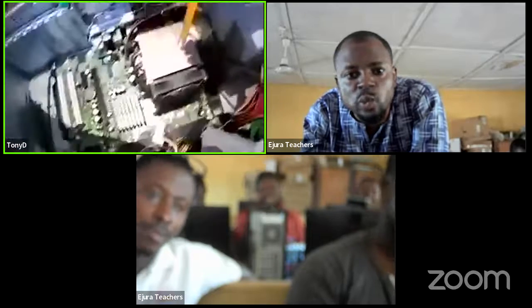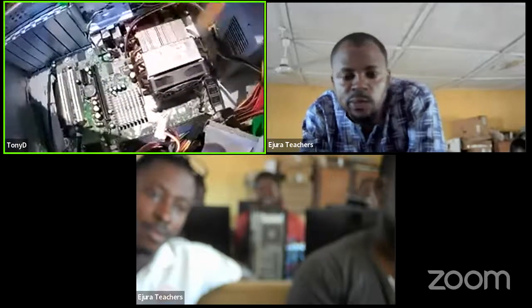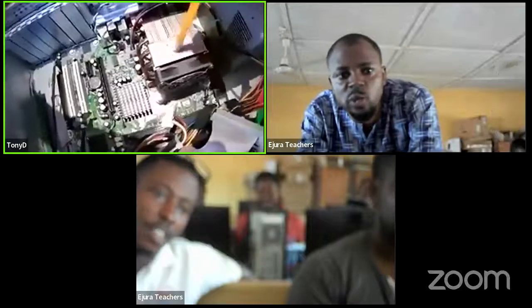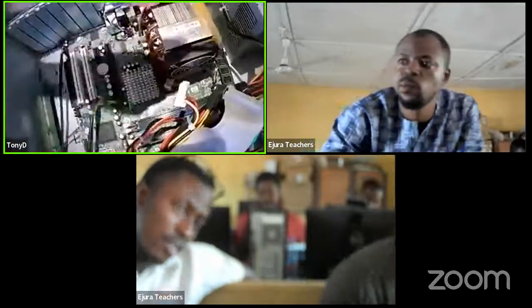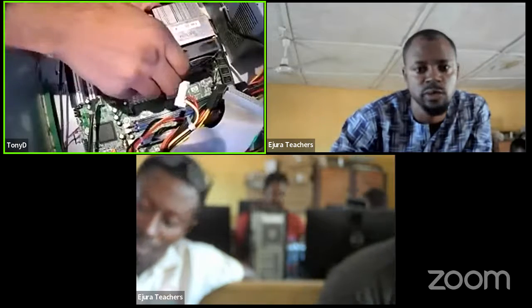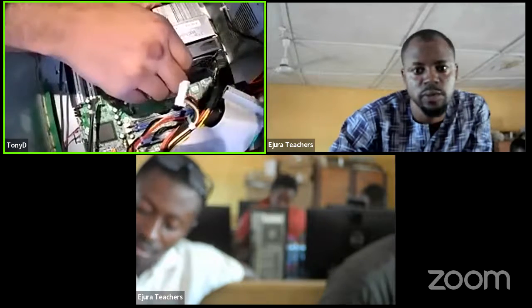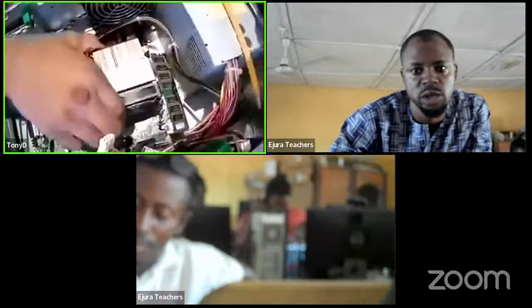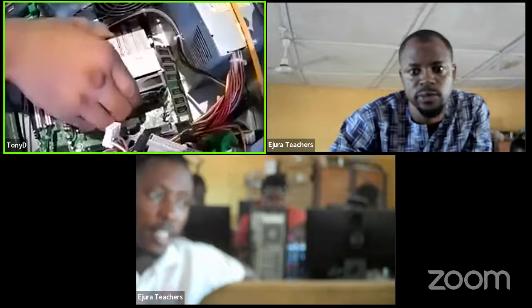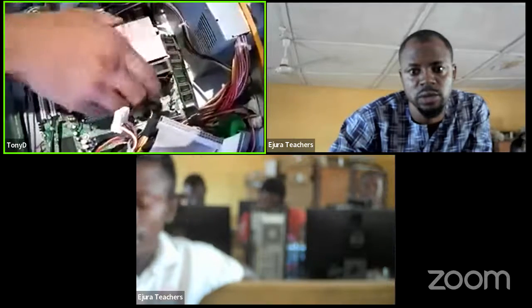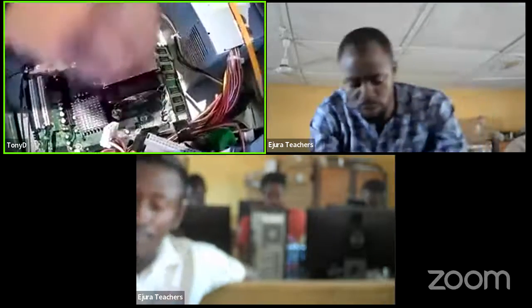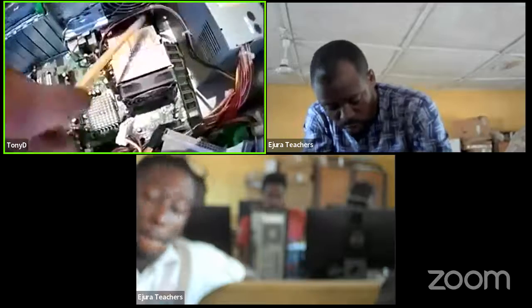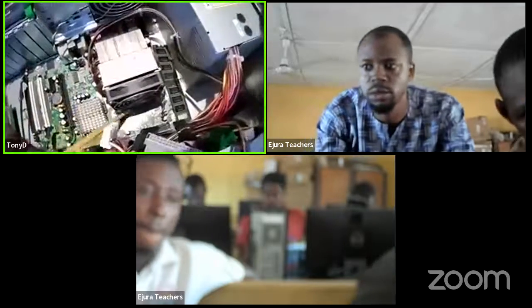This whole big thing is called the heat sink. The heat sink, right? It is sitting on top of the brain.